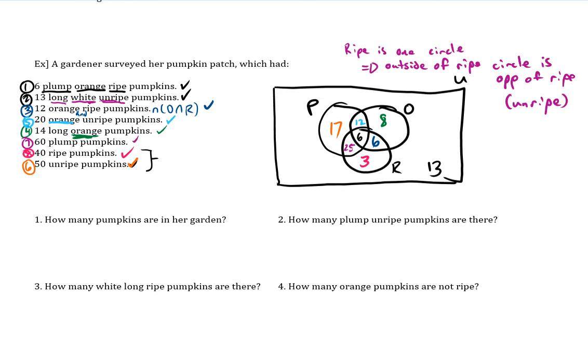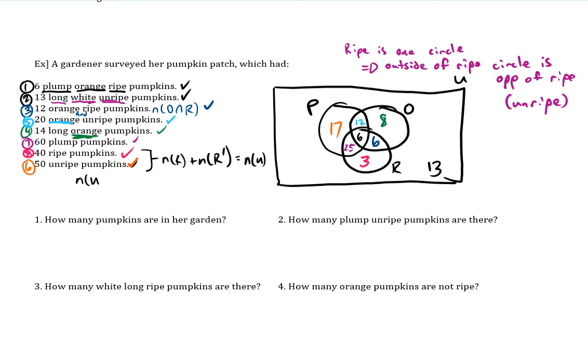So it's saying everything inside the ripe circle plus everything outside the ripe circle. This is where I'm going to use my notation: the number of ripe pumpkins plus the number of unripe pumpkins. These are the complements, and we have a rule for that, where that is the number in the universe. So we could still use some of these methods to help us with these problems.